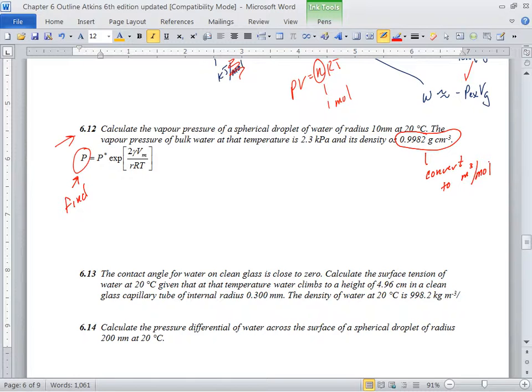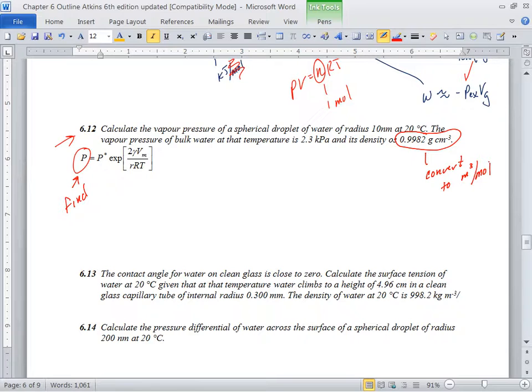Jeffrey, let's pick on you here. What are you going to plug in for the surface tension? Well, that is a good one. Joules per meter squared. I guess they expect you to calculate it.